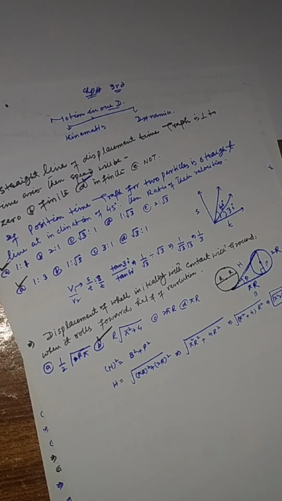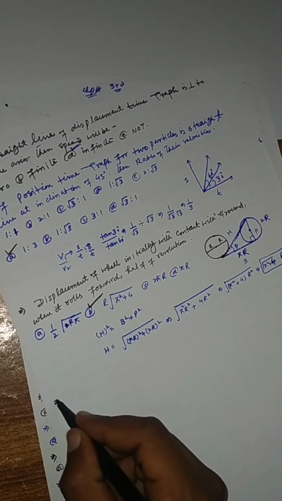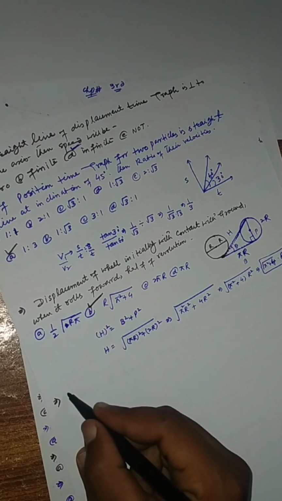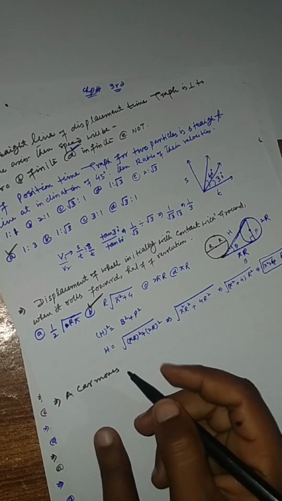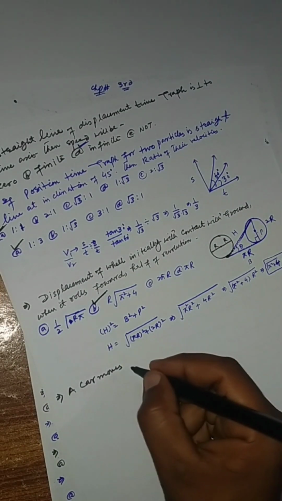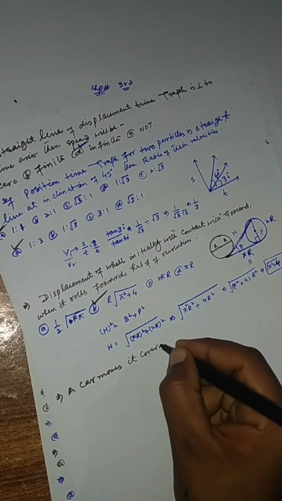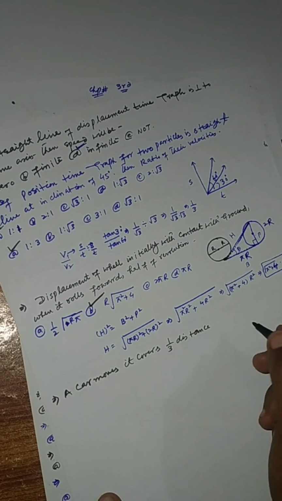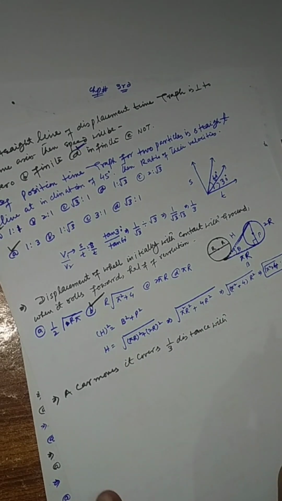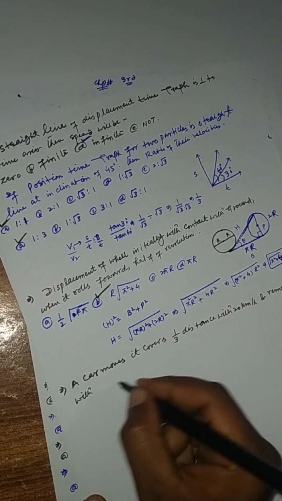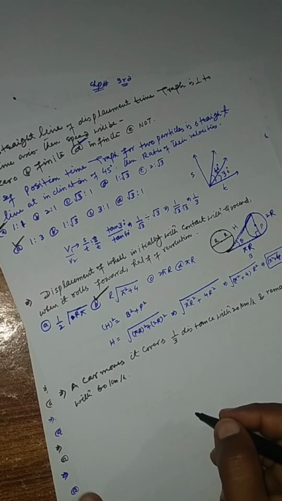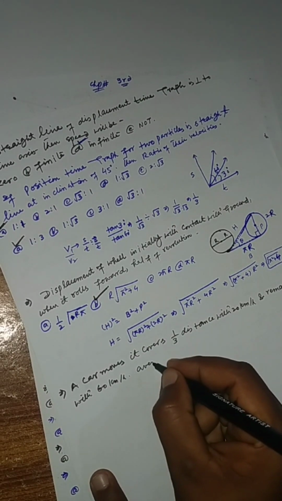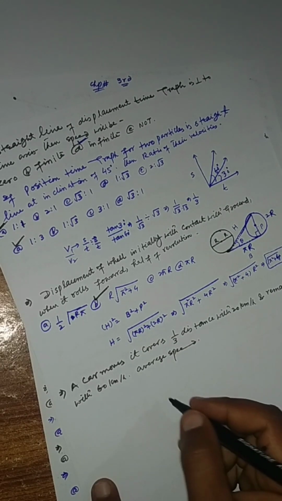अच्छा, उसके बाद अगर हम define करें कि a car moves along a straight road and it covers 1/3 distance with 20 km/h and the remaining with, let's say, 60 km/h, then its average speed will be क्या होगी?